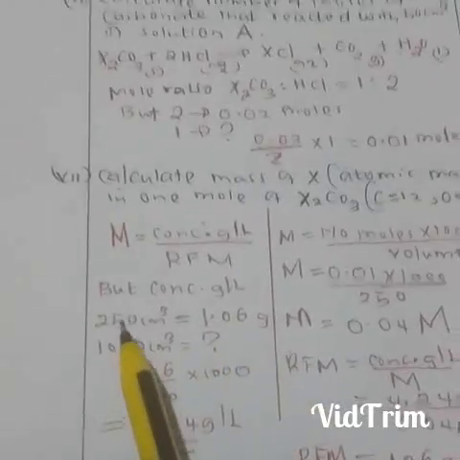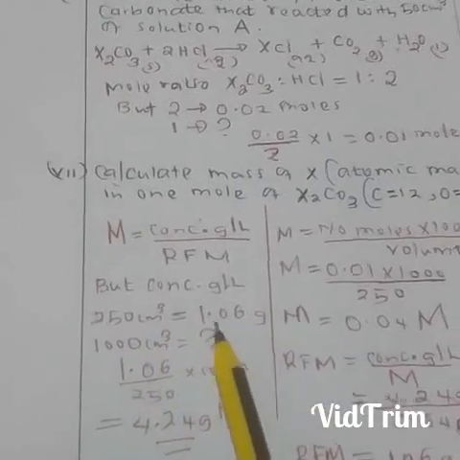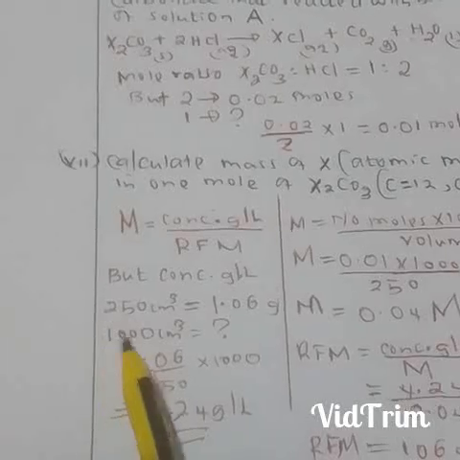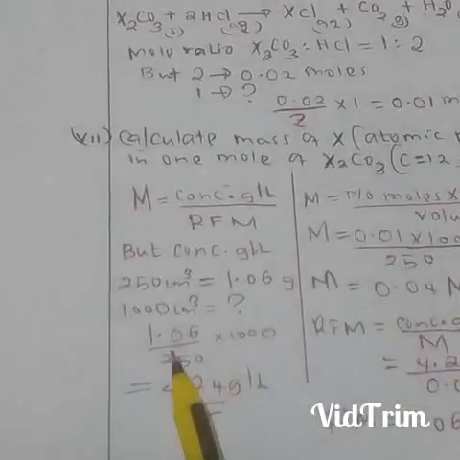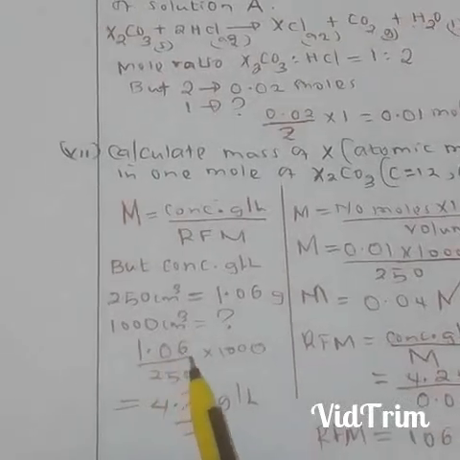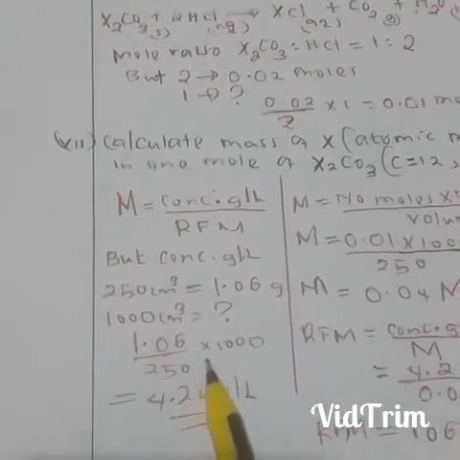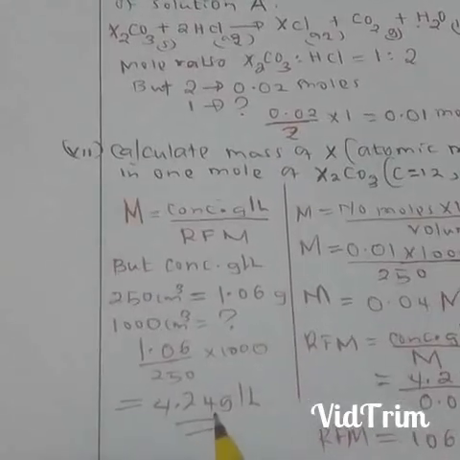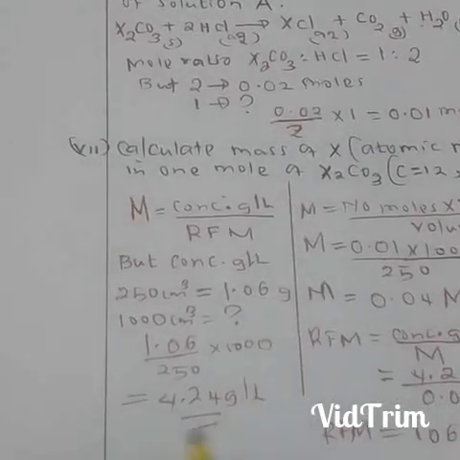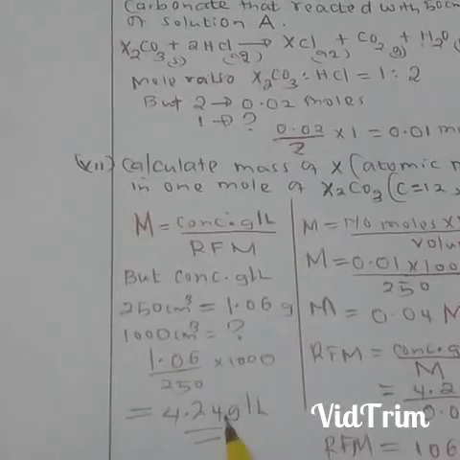Very simple. If 250 is giving us 1.06 grams, what about 1000? That is 1 liter. Is it okay? Cross multiplication: 1.06 divided by 250 times 1000, which is equal to 4.24 grams per liter.